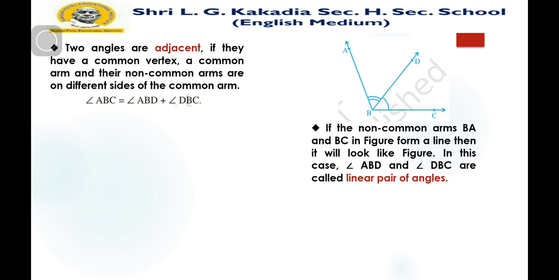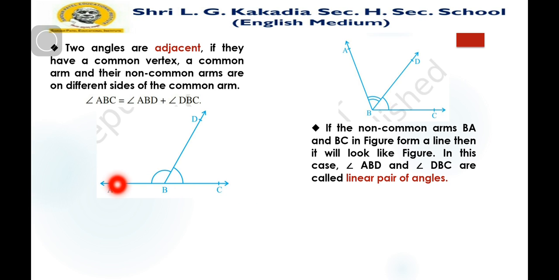If the non-common arms BA and BC in the figure form a line, then it will look like the figure in this case. Angle ABD and angle DBC are called a linear pair of angles. Here we have taken adjacent angles, but the non-common arms are on one line. It generates one line.